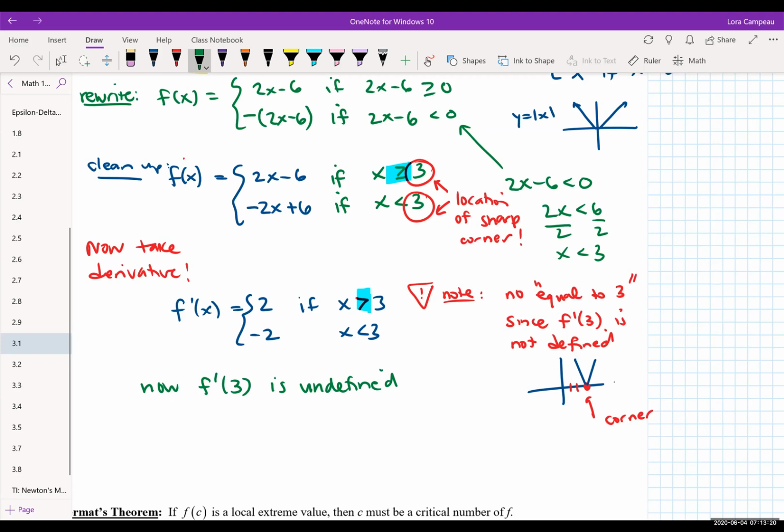But before we can call it a critical number, double check one last thing. If you take your original function and you plug in that 3, do you get a real number back?